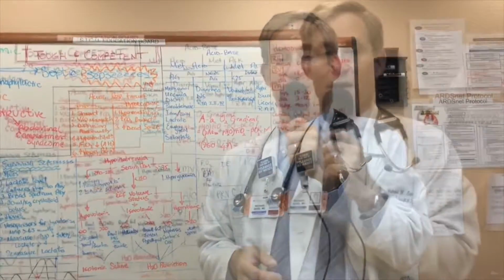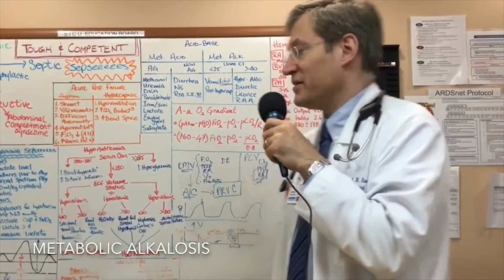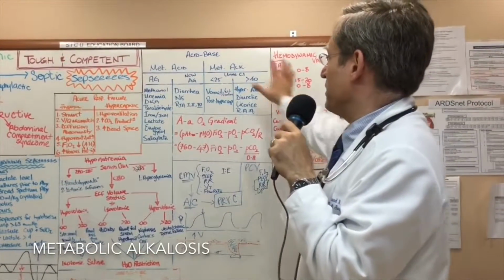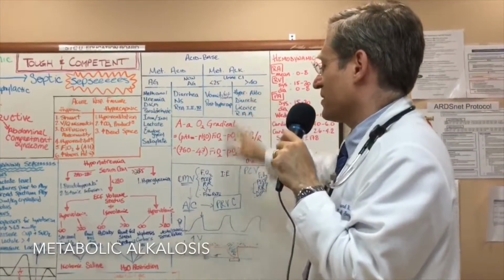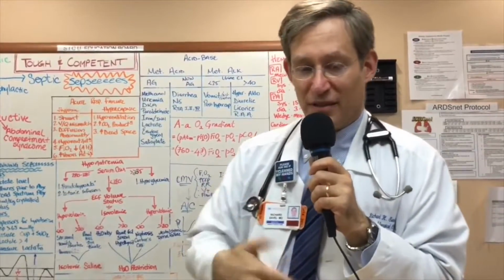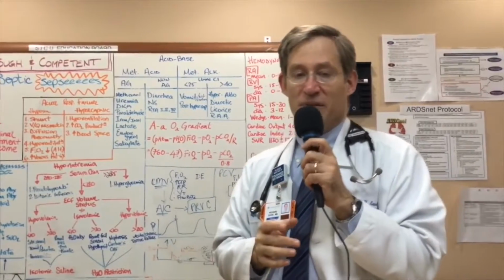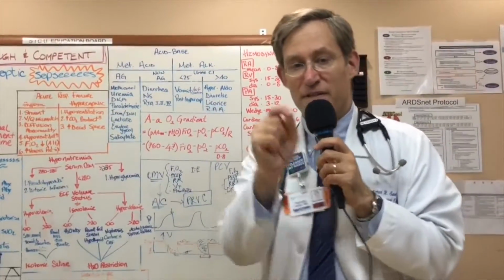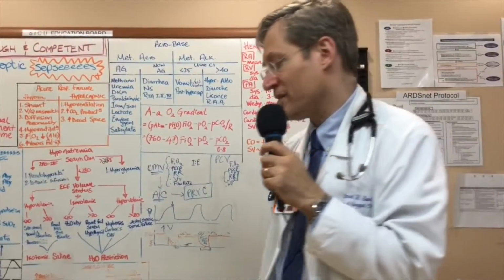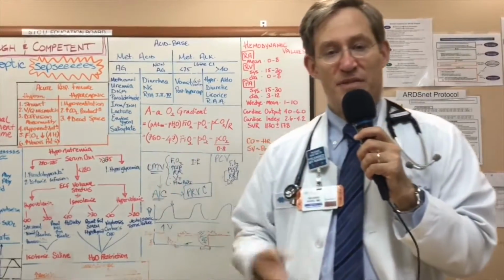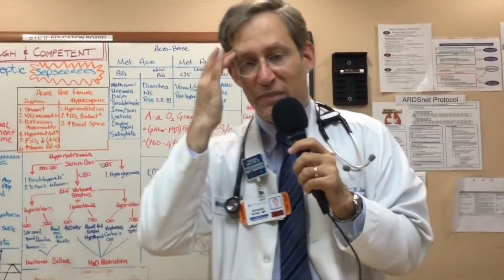The next thing to talk about is the differential diagnosis of a metabolic alkalosis. Metabolic alkalosis is a little bit more confusing, and it is clearly the unsung hero of acid-base disorders in the critically ill patient, but it's important. I'll give you an example. A patient with COPD comes in with a CHF exacerbation. Already my mind's whirring. COPD with a CHF exacerbation.